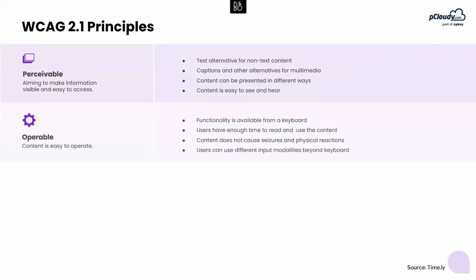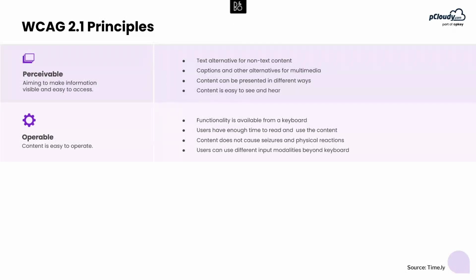And then operable. So whatever content that is presented, again, it should be easy to operate. Right, so when we talk about the functionality side, even from the keyboard, the application should be accessible from the keyboard easily without having many issues, and even the user should be allowed to have enough time so that they can read the content properly and use the content. Right?